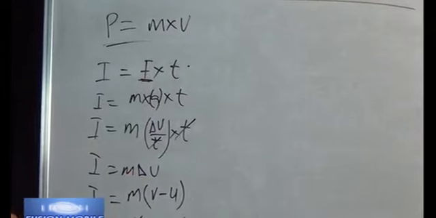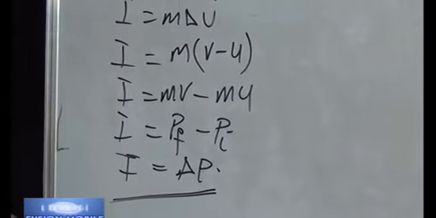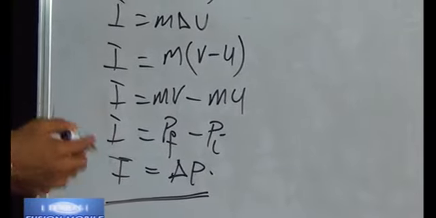Here we have mass times final velocity, and here mass times initial velocity. So we'll say that impulse is equal to P final minus P initial, which means that impulse is equal to change in momentum. And since they are the same, we can now say that truly both are talking about the same thing, but from different perception.